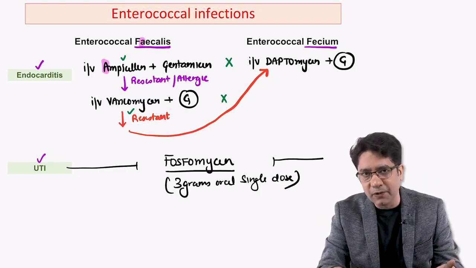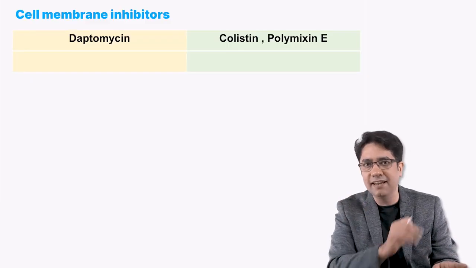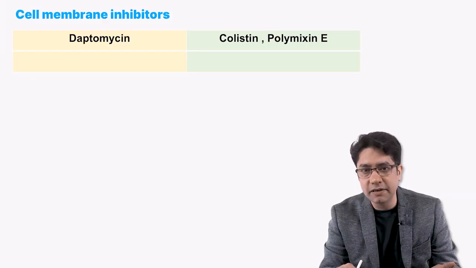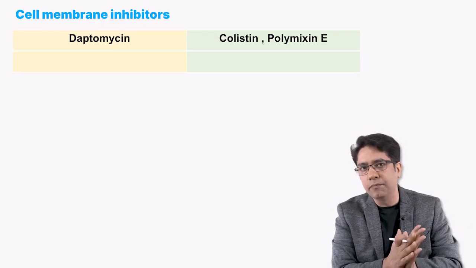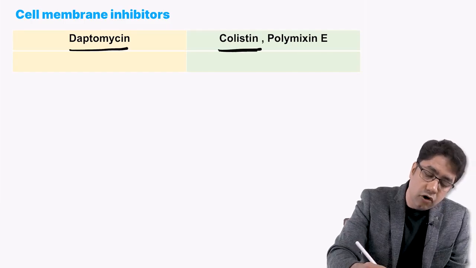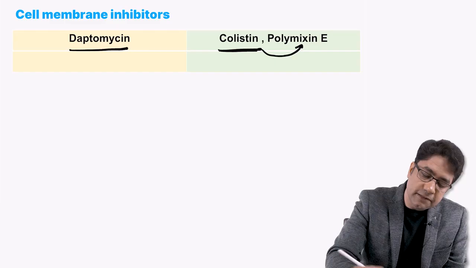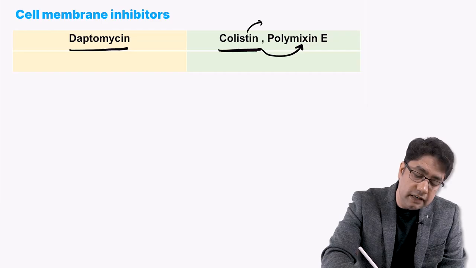Let's talk about now, after cell wall inhibitors, cell membrane inhibitors. The drugs which inhibit the cell membrane of bacteria are only 2 drugs, daptomycin and colistin. Colistin is also known as polymyxin E. There is one more name of colistin, it is also known as colistimethate.